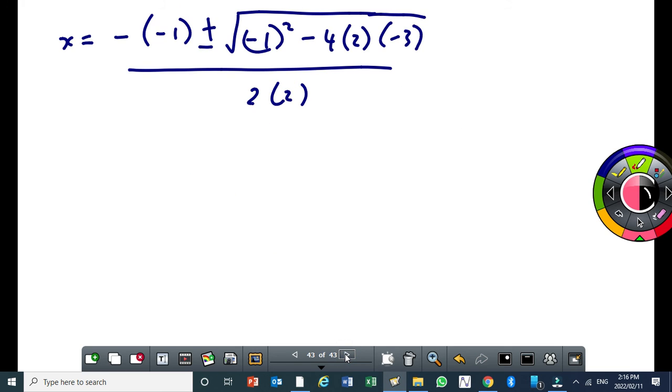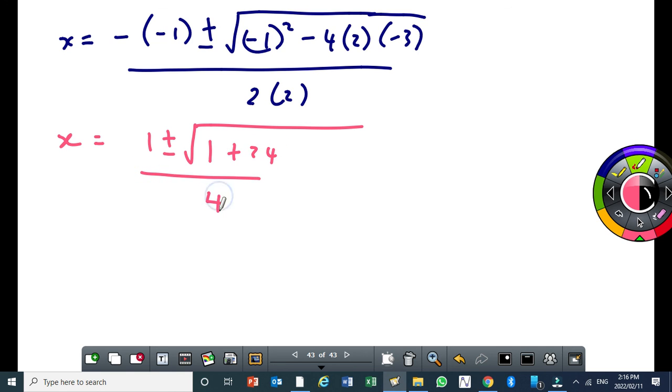So, if I carry on here, you get x equal to 1 plus or minus the square root of 1. That will give me 8 times 3, so I'll get plus 24. This is all over 4. So we get x equal to 1 plus or minus 5, all over 4. Now, this is an indicator that the original equation can be factorized. Okay?